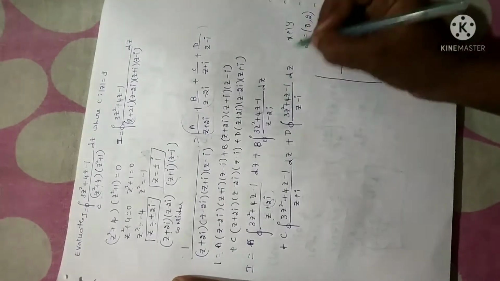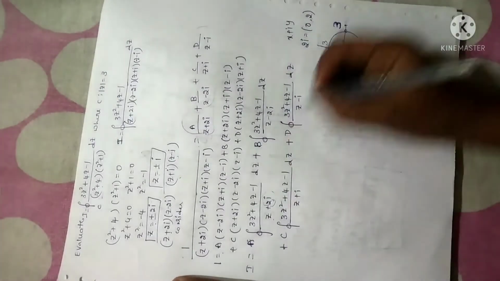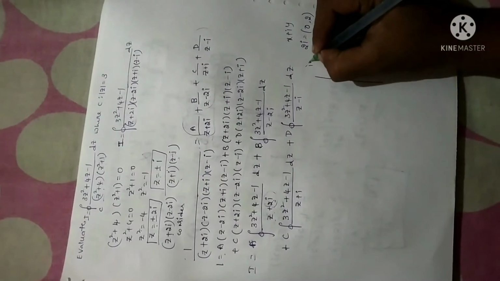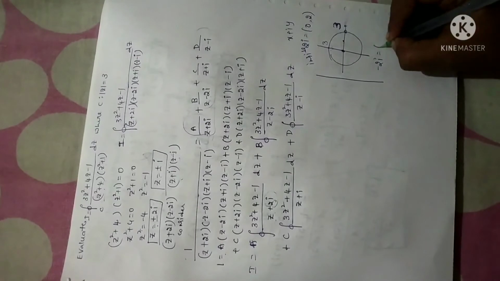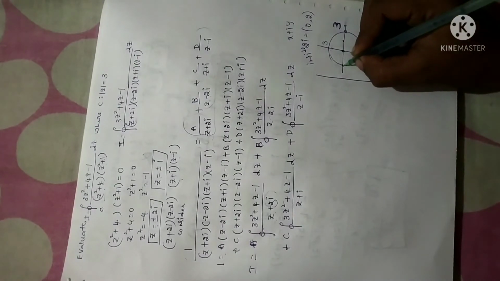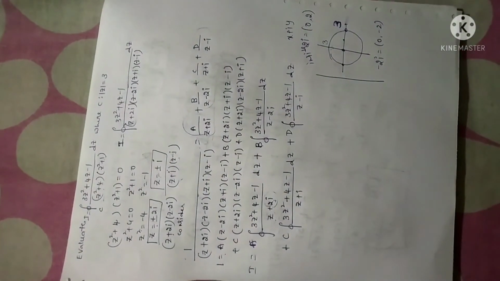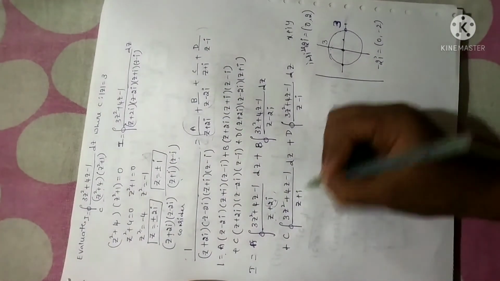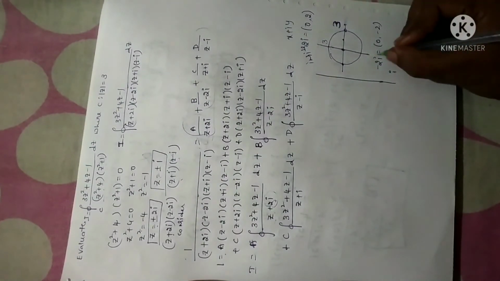Again, in place of it here it is minus 2i, so anyhow minus 2i lies inside. I'll write here, inside. Now coming to minus 2i, which means 0, minus 2. The radius is 3, so let me check for minus 3. Oh, I'm sorry, minus 3 is not the case. It is i, so we have to check for minus 2i.